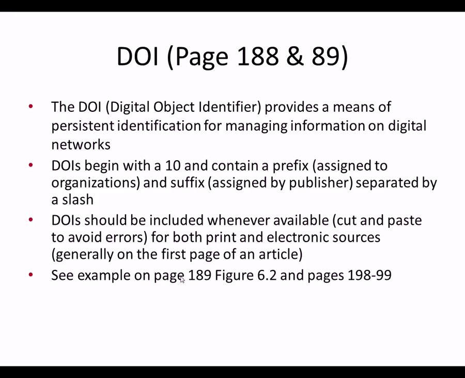The DOI numbers are numbers that you can plug into the internet in case that site has moved. Have you ever gone to a site and it pops up, oops, this site has moved, or it's not available, or you can't find it? If there's a DOI number and it has moved just to a different location, you can trace it by putting in that DOI number. Also, pages 198 and 199 talk about DOI numbers.